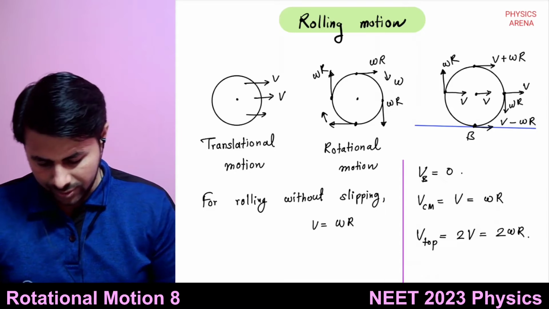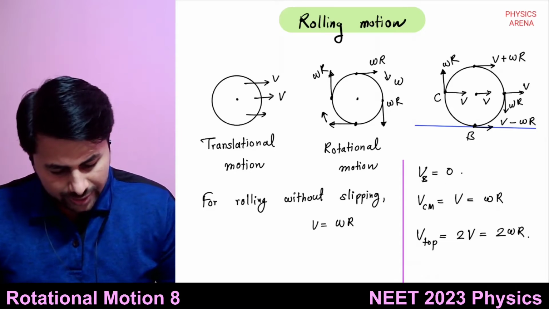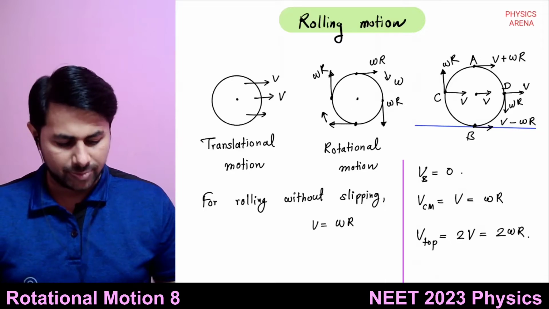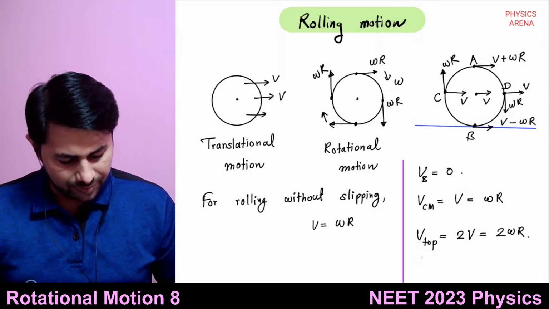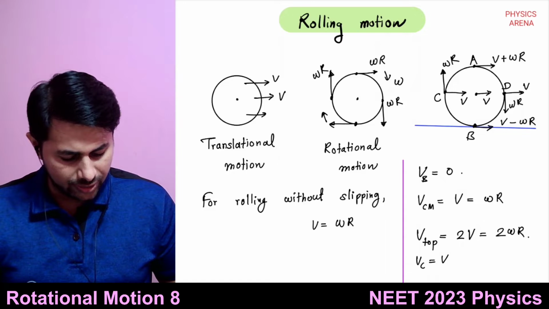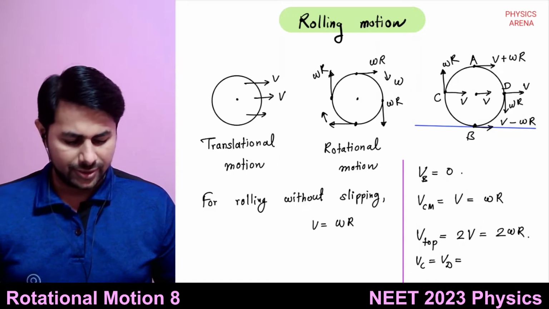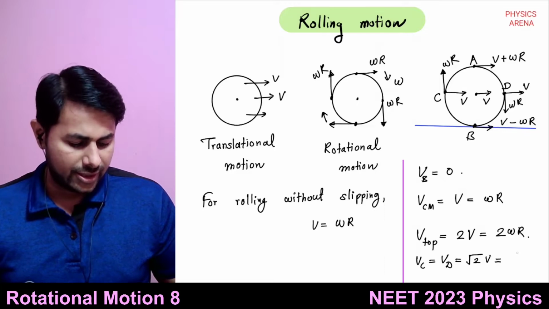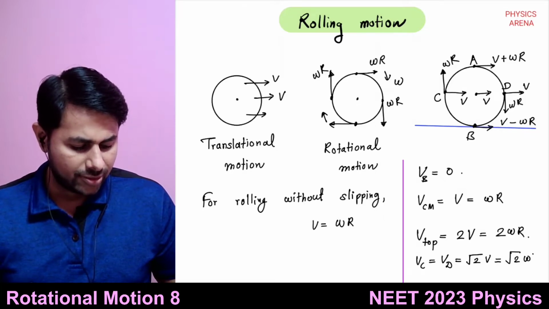Let's call this point C, this point D, and this point A. So the velocity of C is equal to the velocity of D, and in magnitude it is square root of 2v, which is square root of 2 times omega r.